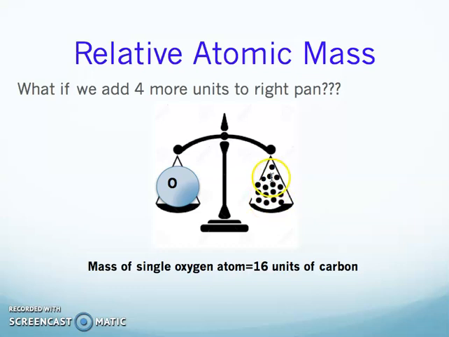Now I have added 1, 2, 3 and 4, so 4 more units on the right hand side, and this pan is perfectly equal to the left hand side pan, which has one oxygen atom. So if we add 4 more units to the right pan, the mass of a single oxygen atom becomes equal to 16 units of carbon, because we had to add 4 more to 12 to get to 16.